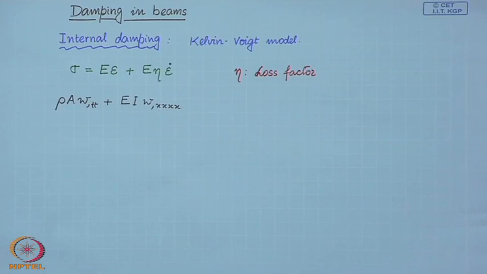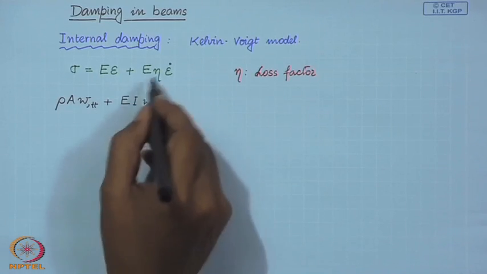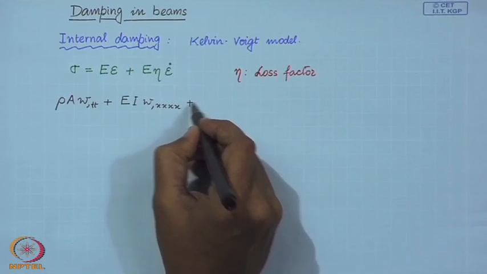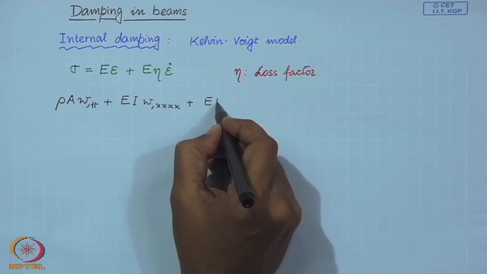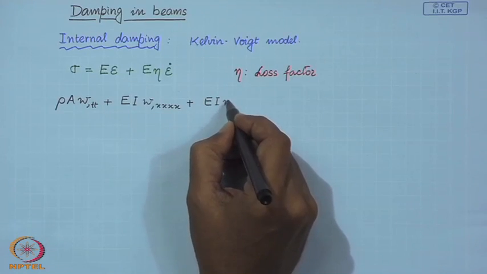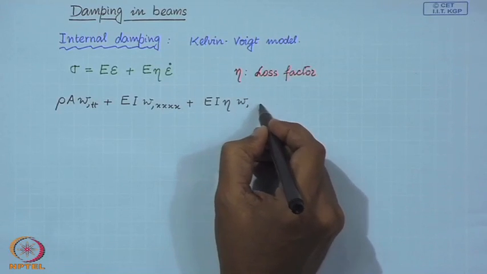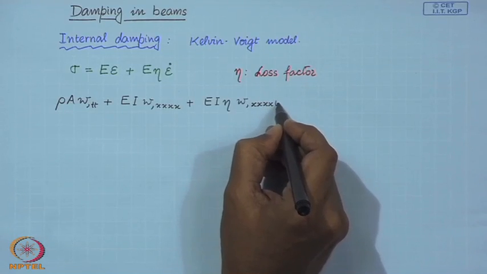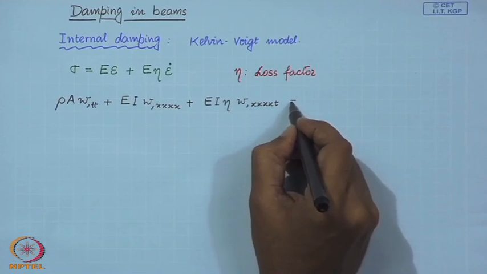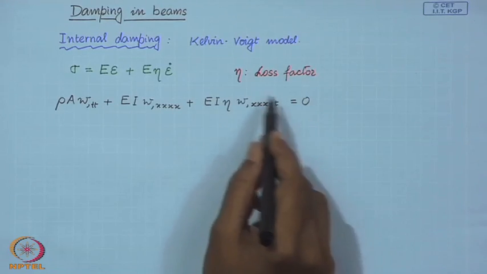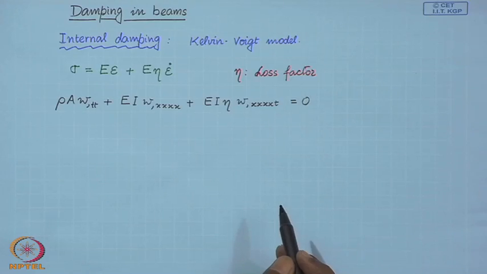So these are the two terms that we already have in the Euler-Bernoulli beam. Now, because of this additional term, you can expect that there is going to be a new term because of internal damping.